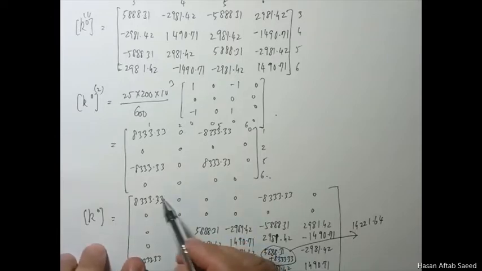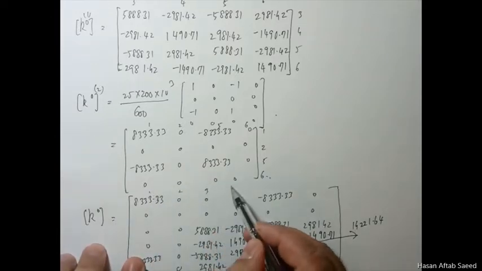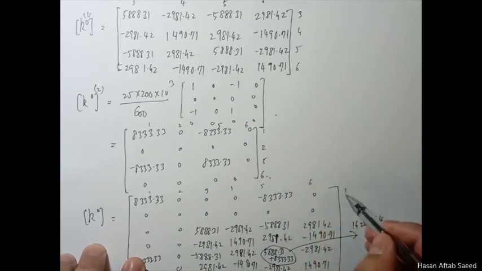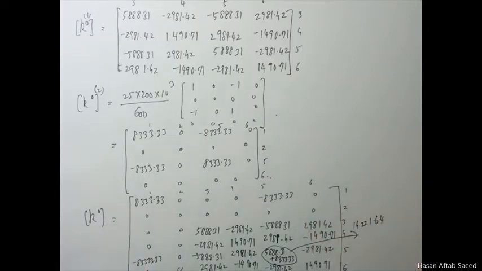And obviously this is indexed 1 2 3 4 5 6 in rows and columns. Now this is your global K matrix.